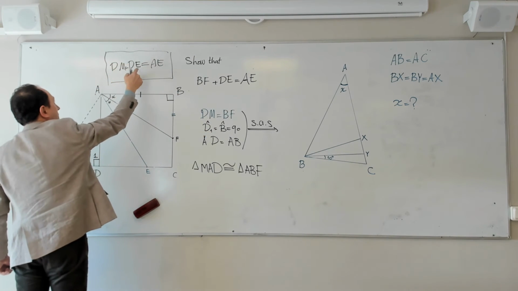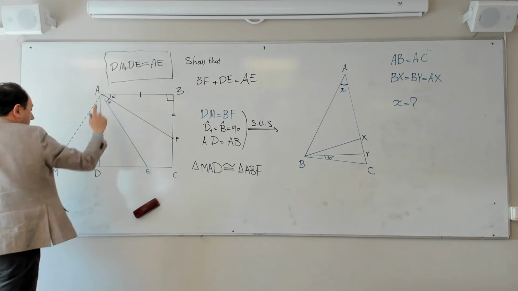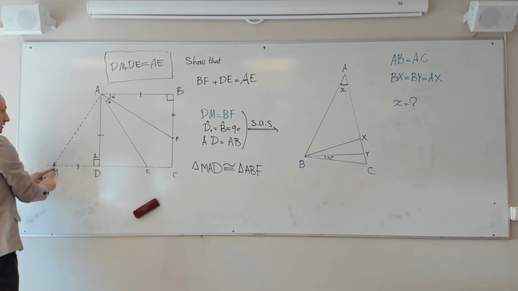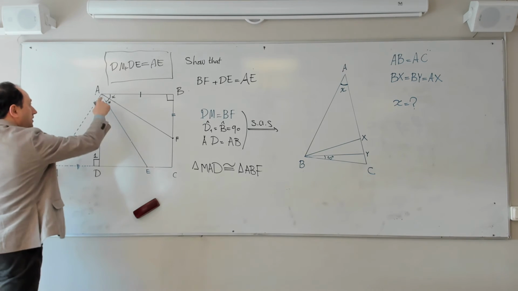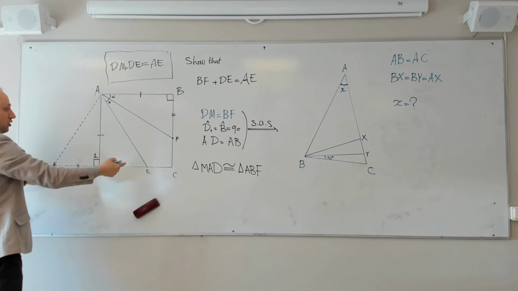But then I look at my picture. What is DE plus DM? It becomes EM. Yes? And my goal is to show that EM is equal to AE. So it means that I have a second goal now.